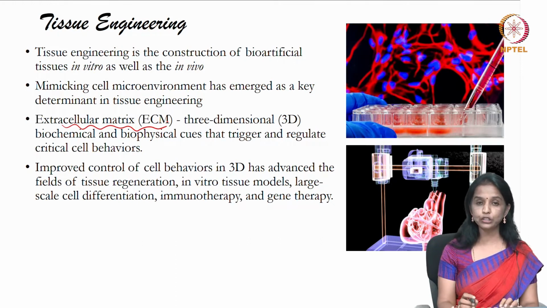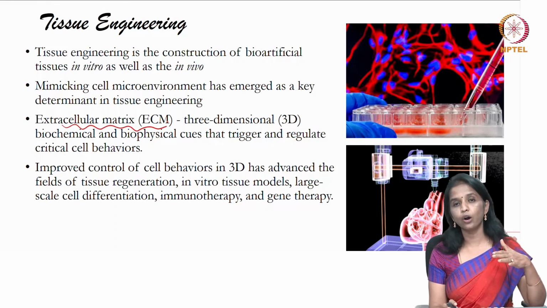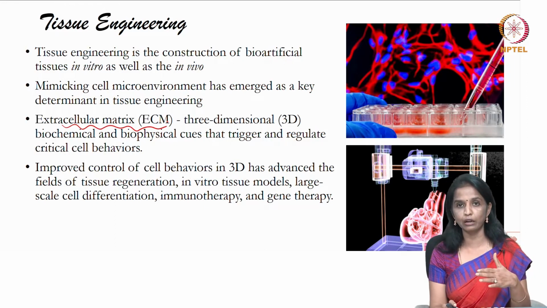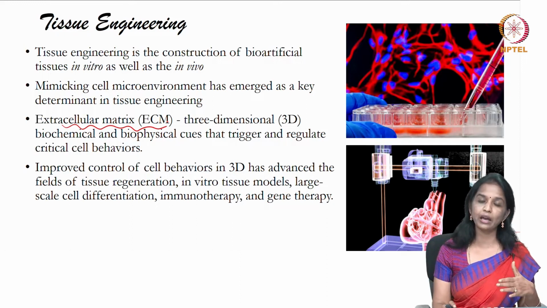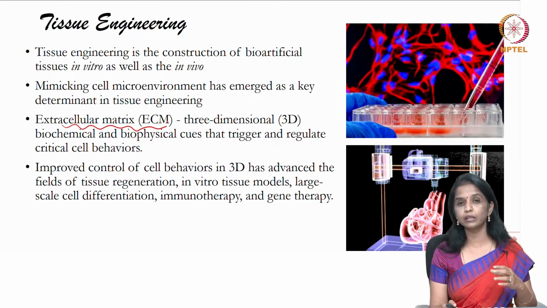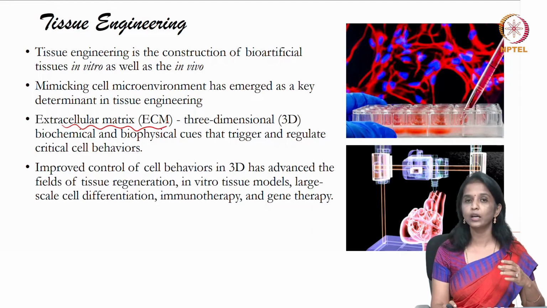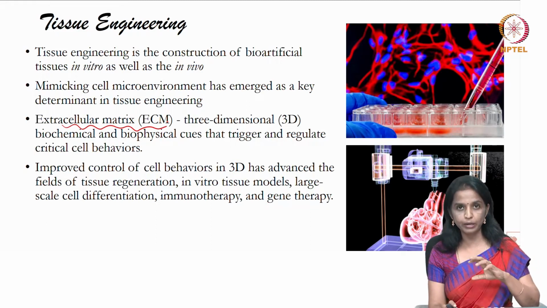If you can control the cell behavior by controlling the extracellular environment, then you can tune the behavior so well, and it is that cell behavior which is very critical. Cell behavior does not rely on the cell alone; it is very much dependent on the extracellular environment also.